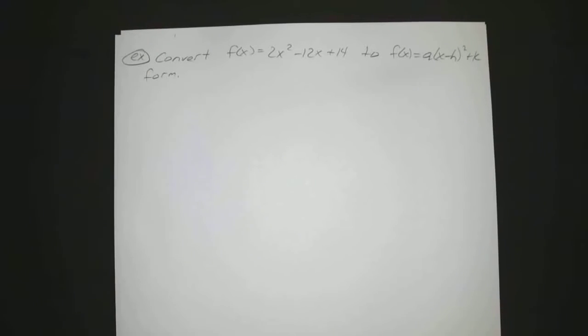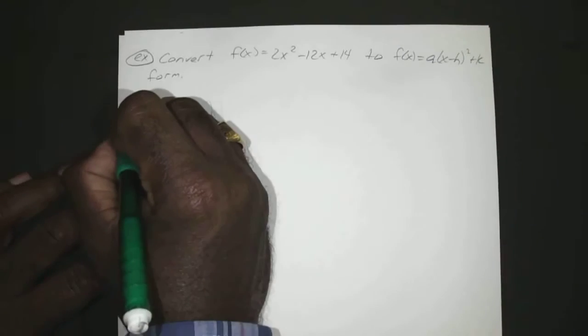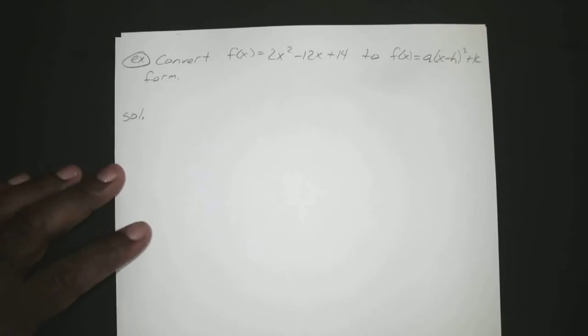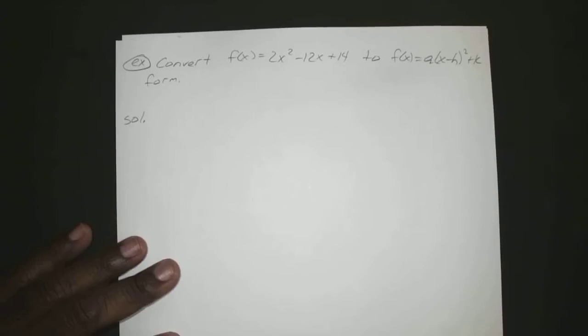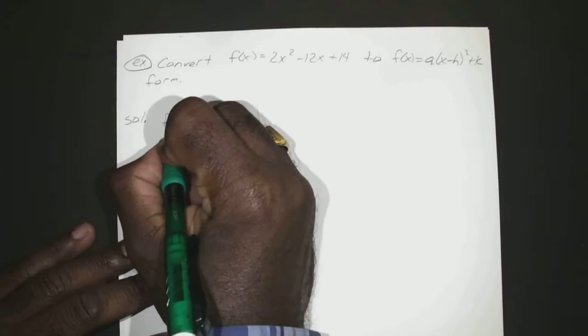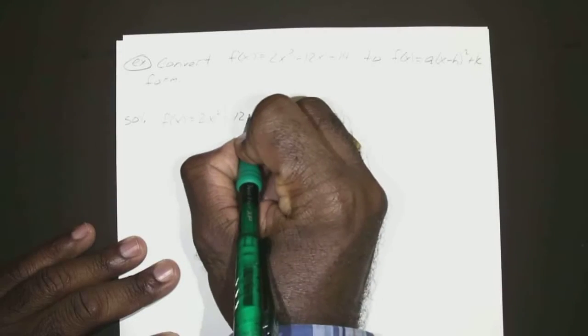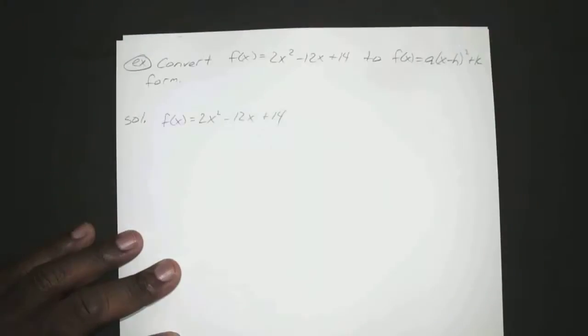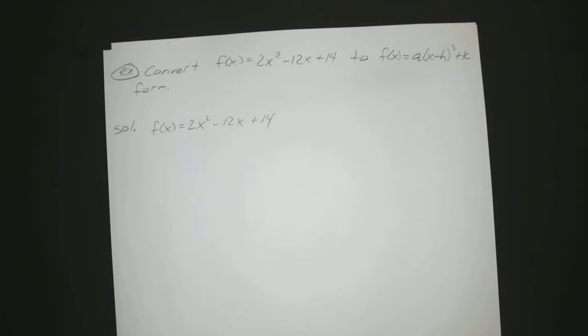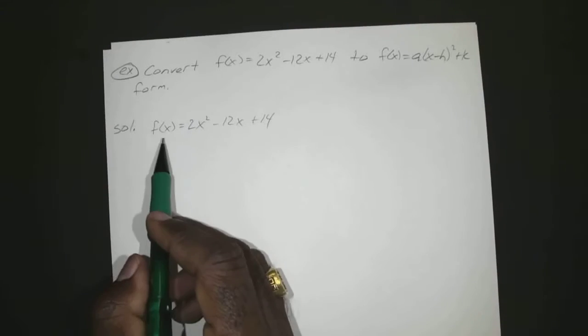Okay, so all we're going to do is just take it right back to the original form. All right, so with this one, 2x squared minus 12x plus 14, we can't really divide both sides by 2 because there's no value over here.